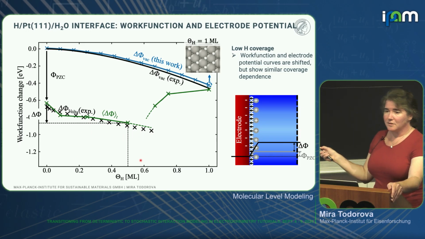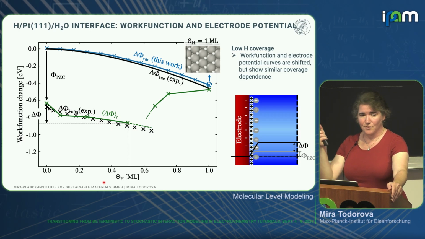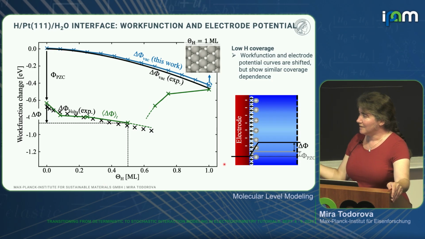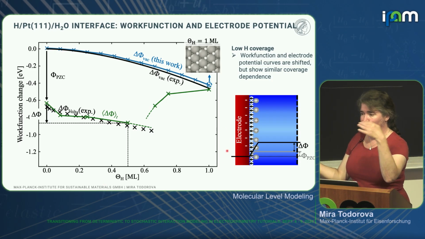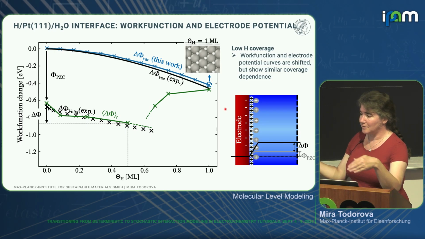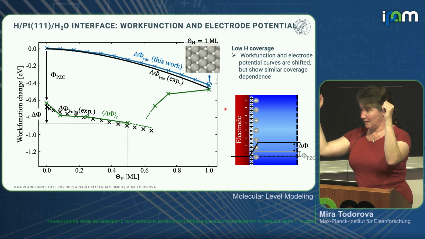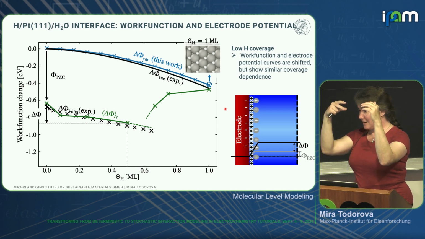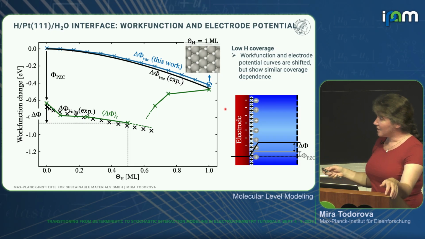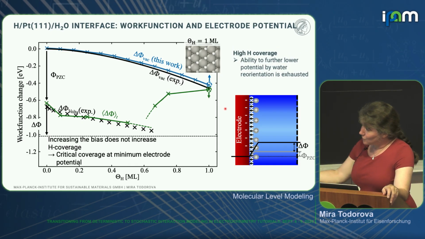After this point, when we start putting more hydrogen on the surface, this hydrogen can no longer screen the potential drop by putting more electrons here. What will happen if we create a dipole? This will mean that we create a counter field, something which can screen better. So there seems to be a maximum coverage that allows us to screen the applied potential that we have here.